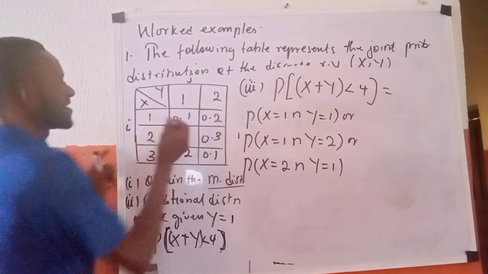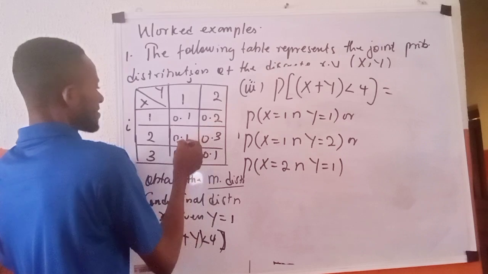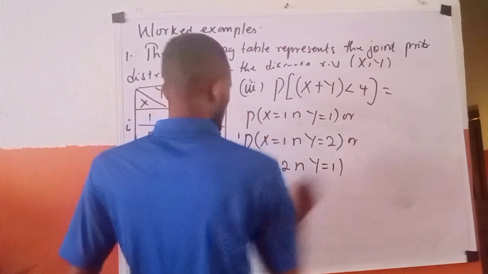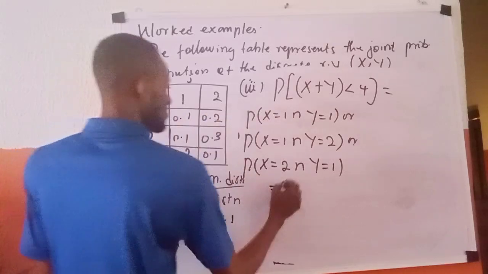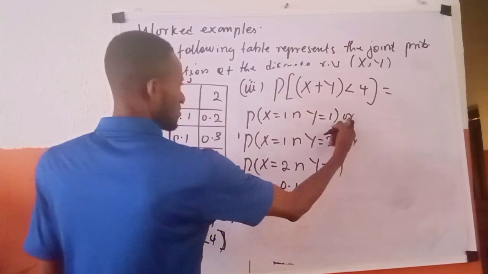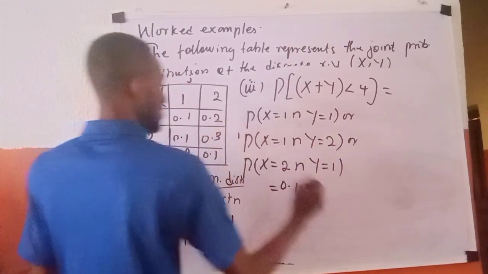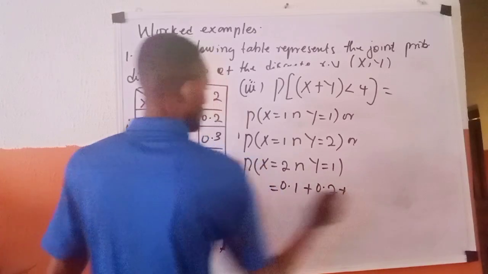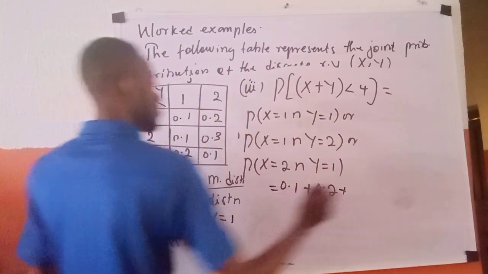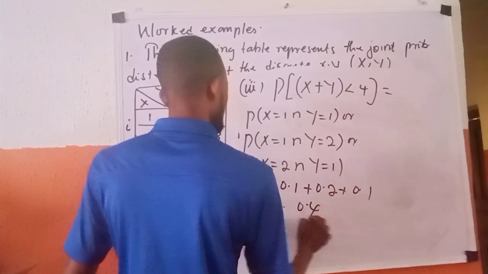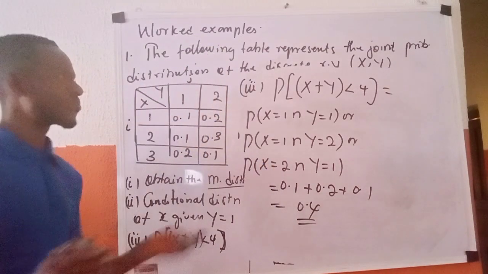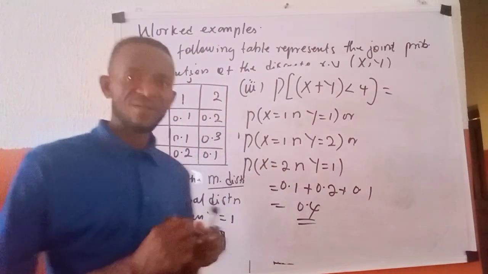So the probability they need is this, this, and this, which of course means addition. 1 and 1 is here, which is 0.1, plus 1 and 2 is here, which is 0.2, plus 2 and 1 is here, which is 0.1. So this equals 0.4. So this is the probability at which this is equal to this value.